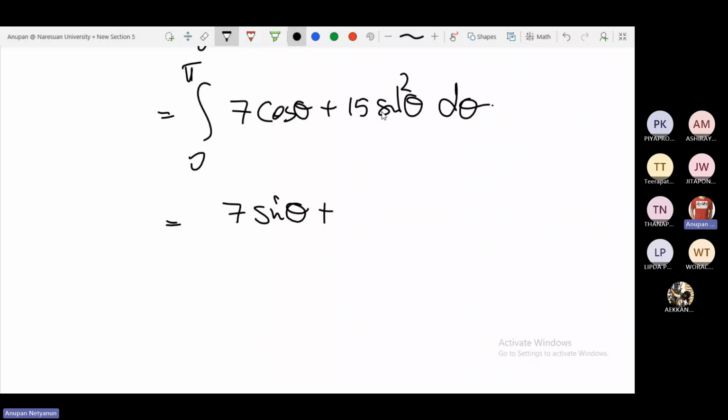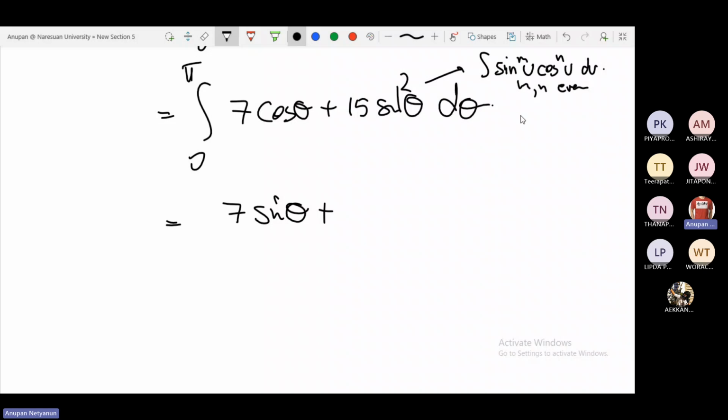This one you have to use the technique of trigonometry. If you go back and review this, in the form of sine to the power m and cosine to the power n du, when m and n are even, in this case your m is 2 and your n is 0, so they are all even.